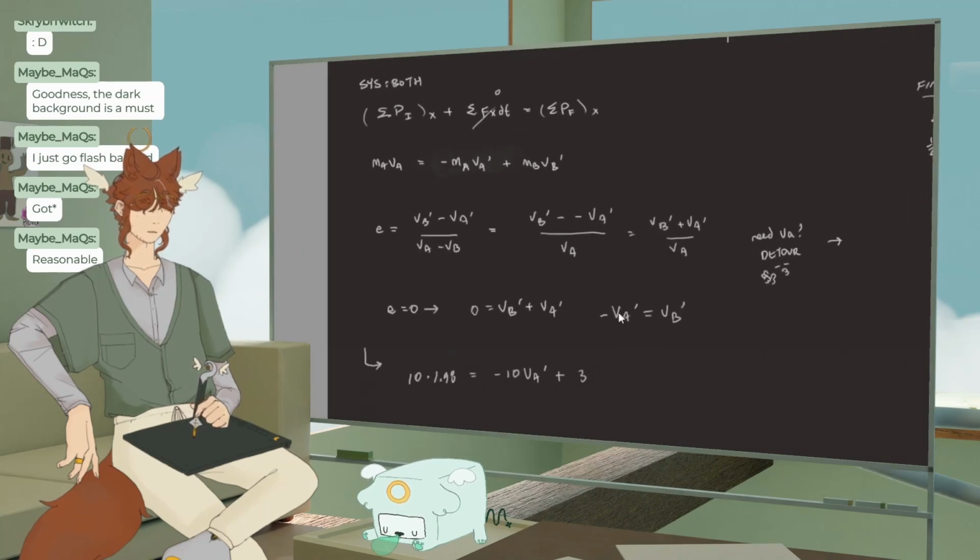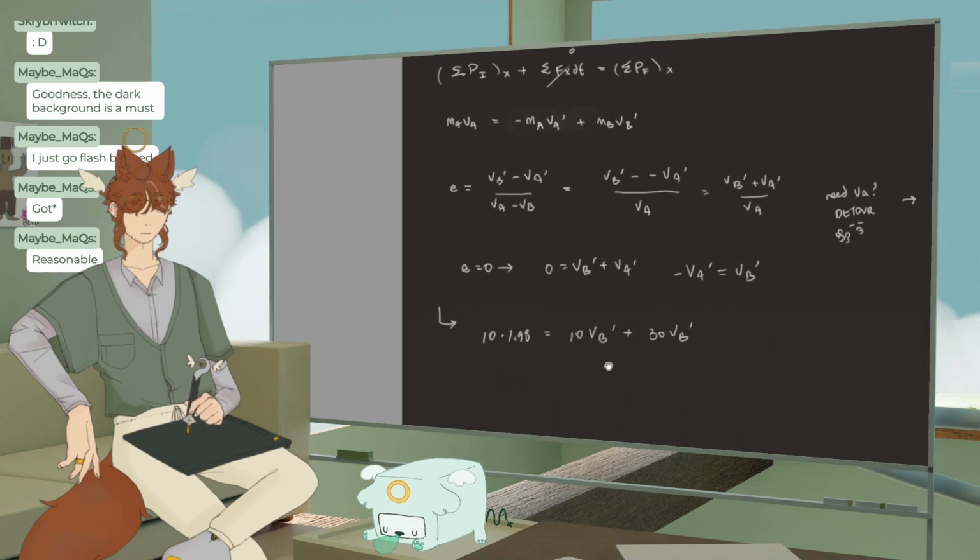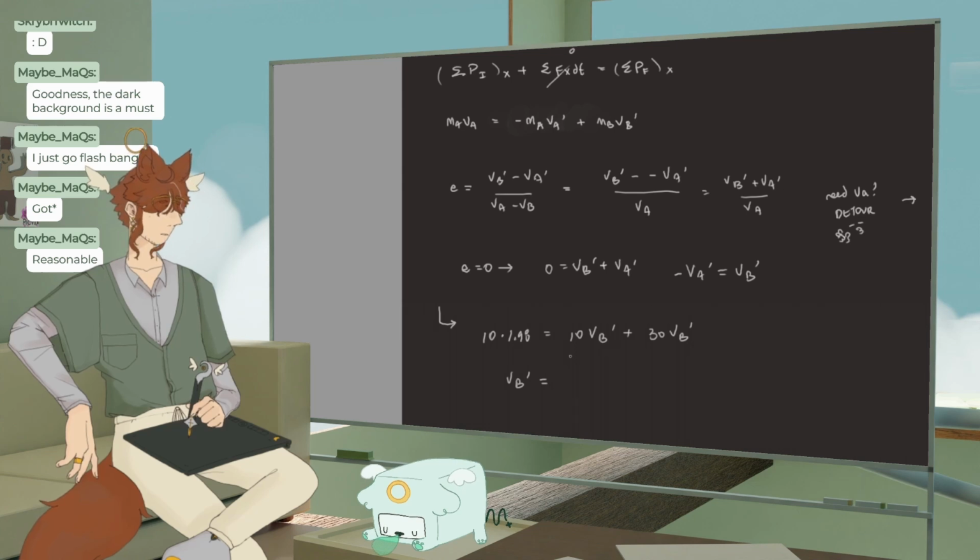Okay, now, wait a second. Negative VA equals VB. Let's actually switch this. Let's do 10 VB prime plus 30 VB prime. The VB prime equals... What have we got? They would give me the same thing, but this times 10 divided by 40. 0.49?